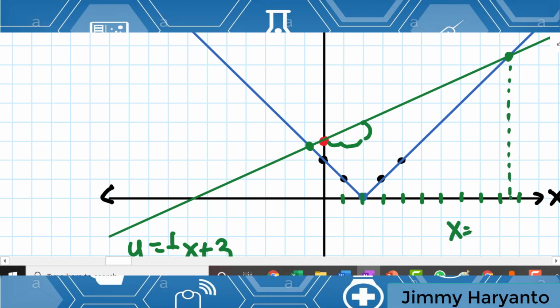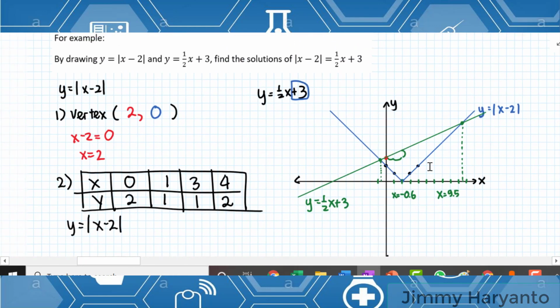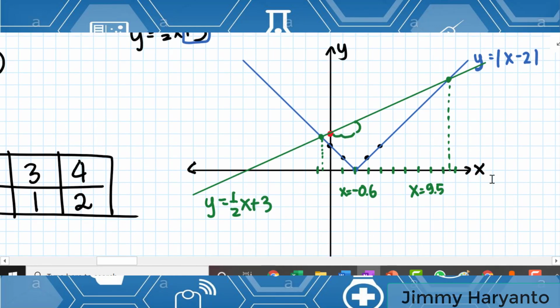So I can say that x equals 9.5, and for the other one right here, it looks like a bit more than 0.5, so around x equals negative 0.6. It will not be as accurate as when you calculate it, but it's all considered as solutions. So the solutions will be two.